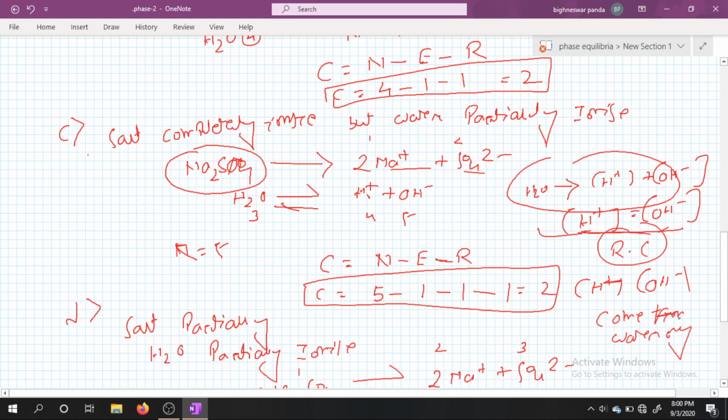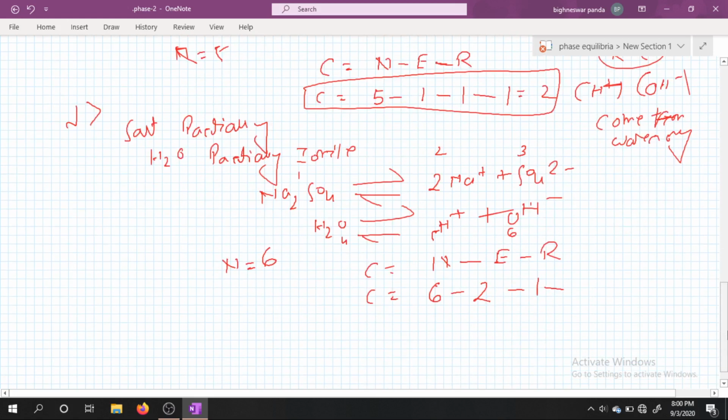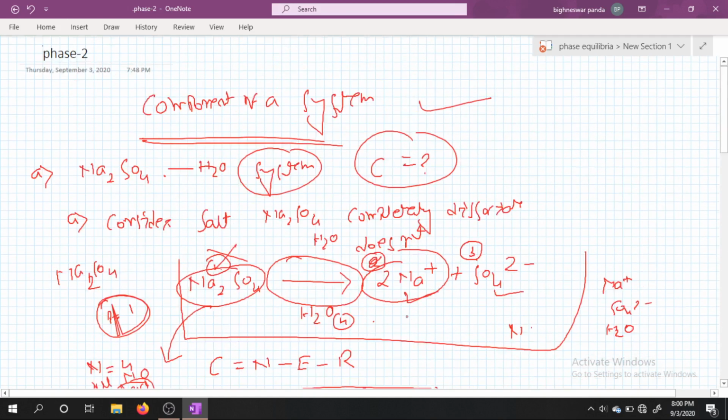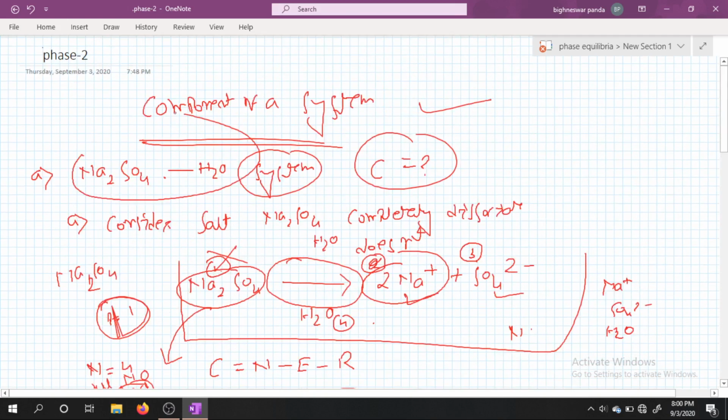Here H plus and OH minus come from water, so I have minus 1. So C is equal to 6 minus 4, that equals 2. So for Na2SO4 H2O, by considering all 4 cases, we can simply say that the component is equal to 2. And what case you choose is up to you.